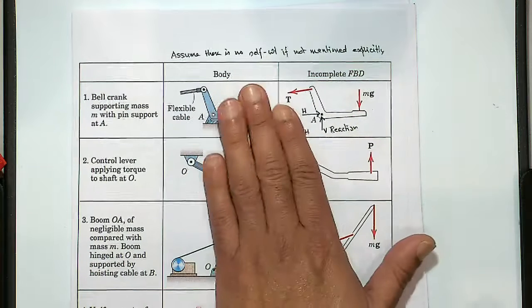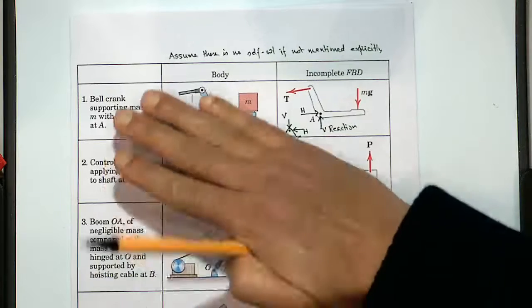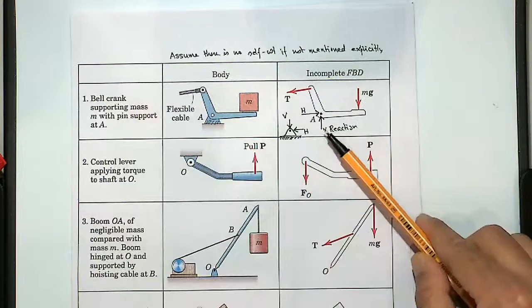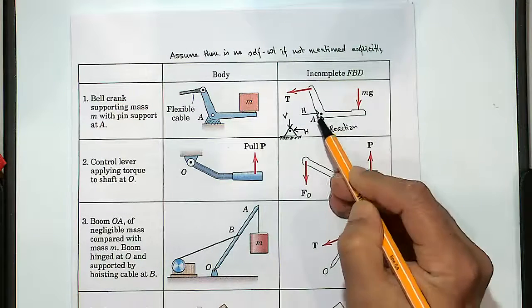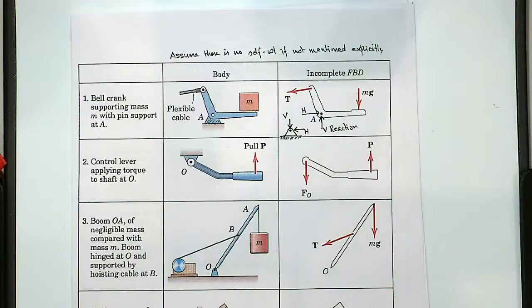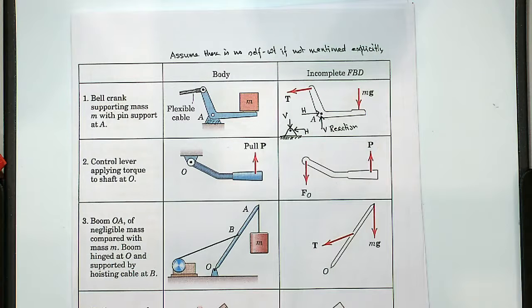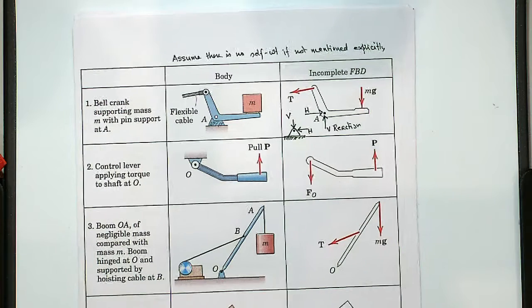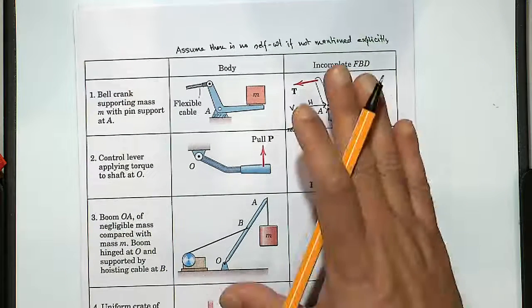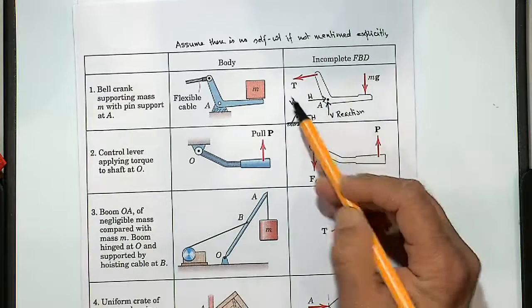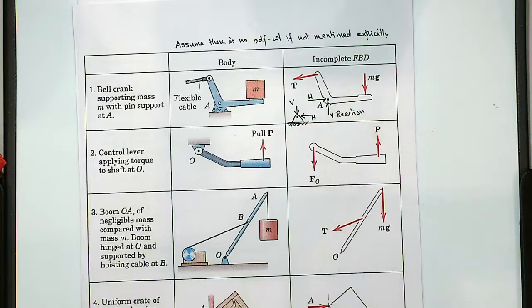The whole point of a free body diagram is that once we have removed the support, these two forces act as a representative of the support. So now we can analyze this part of the crank and solve for its strength and stiffness, and then design accordingly. That would complete the free body diagram for this part.